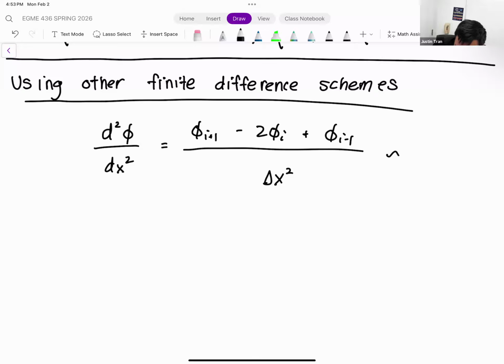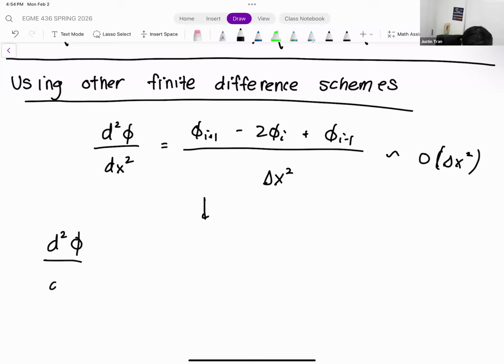And what we said was that this is second order accurate, as in, we expect the error to diminish as we reduce the grid sizing by a factor of squared. So reducing the grid sizing by half will reduce the error by a factor of 1/4. But what if we use a different finite difference scheme?